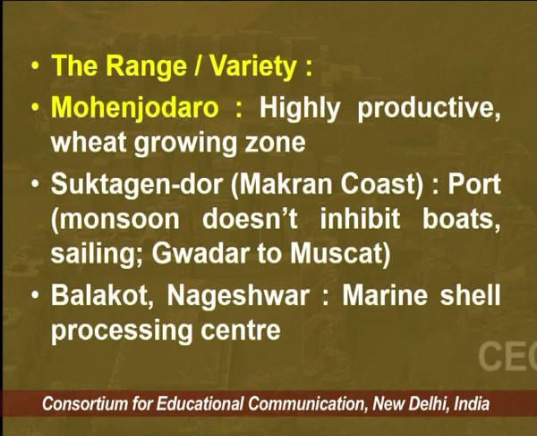We also have sites like Sukta-Jandor. Now, this is on the Makran Coast. As you would recall in our discussion, we said that it certainly is not a very hospitable kind of condition that we encounter here.